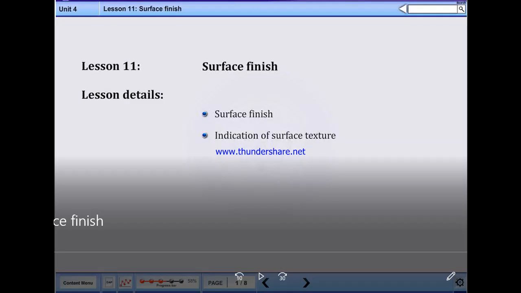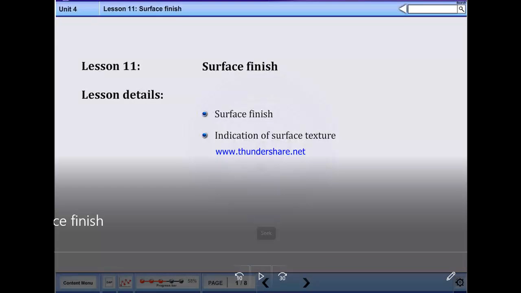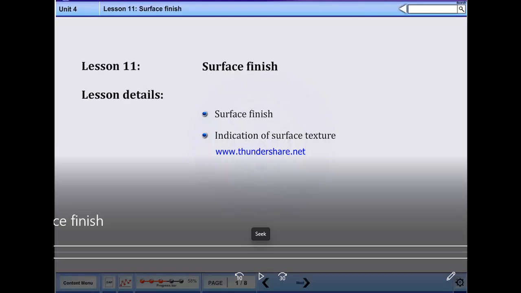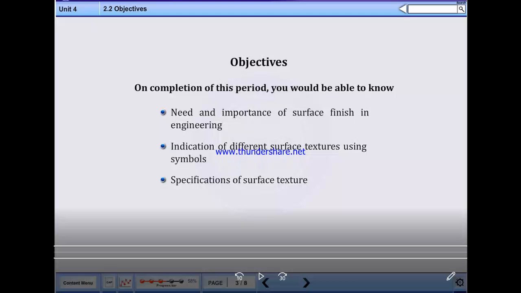Now the next topic is surface finish. In this we learn surface finish and indication of surface textures. So you remember the previous one and what we have discussed just now.